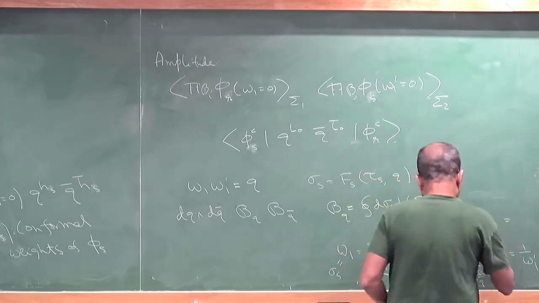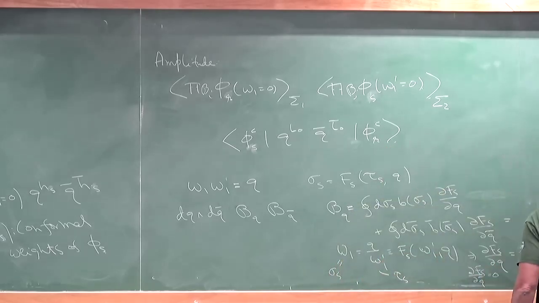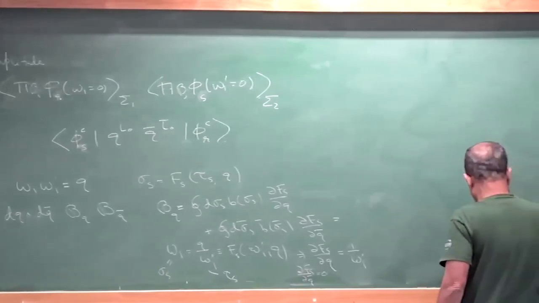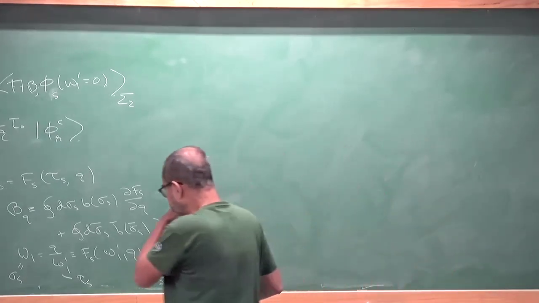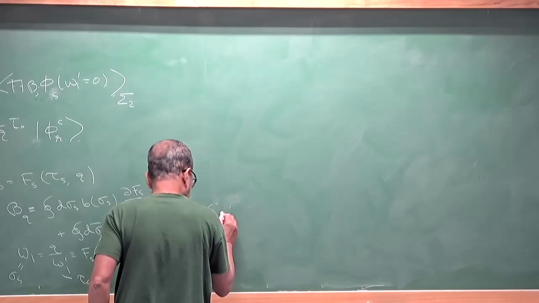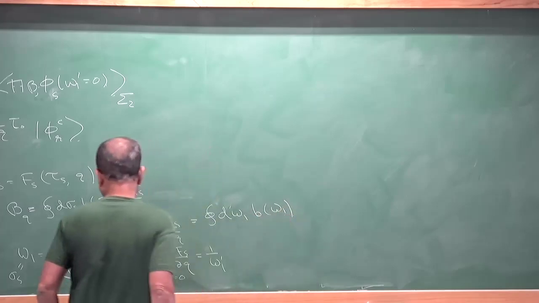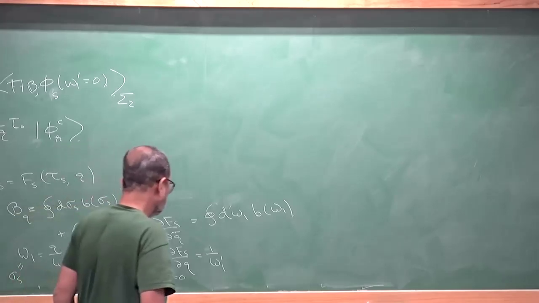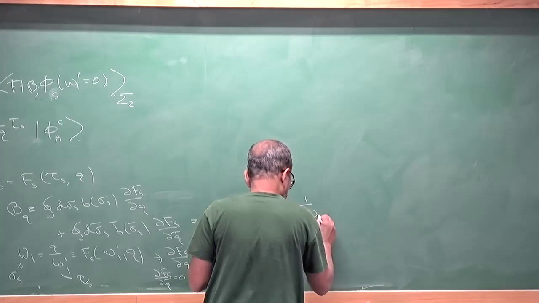So this becomes integral dw1 bw1 1 over w1 prime. Okay.